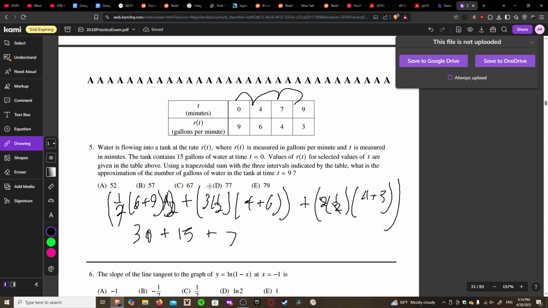This is 7. So this is 45 plus 7, which is 52.